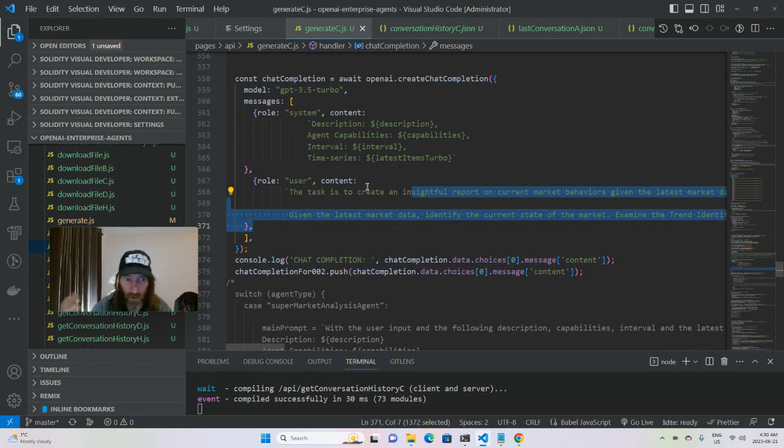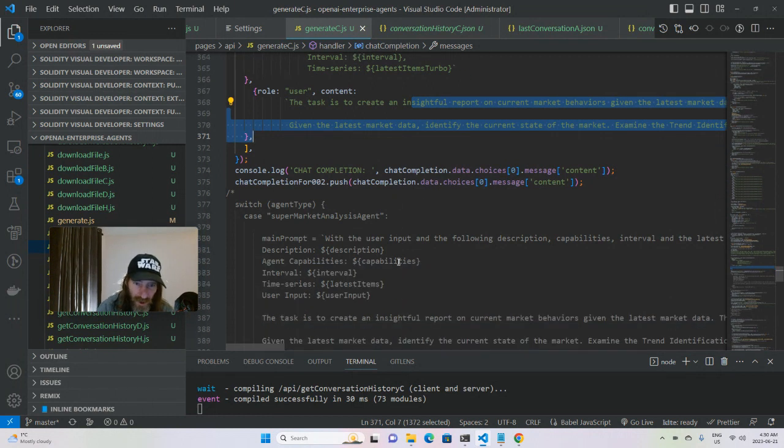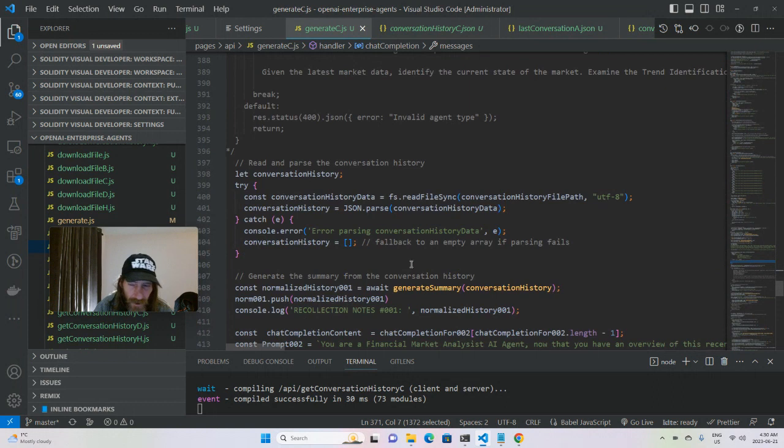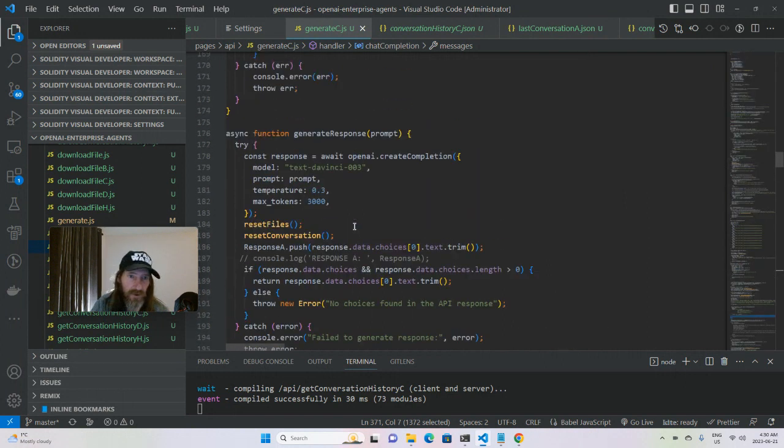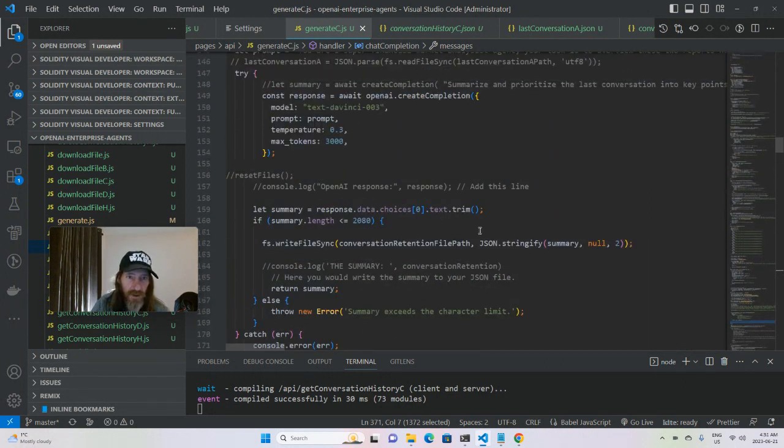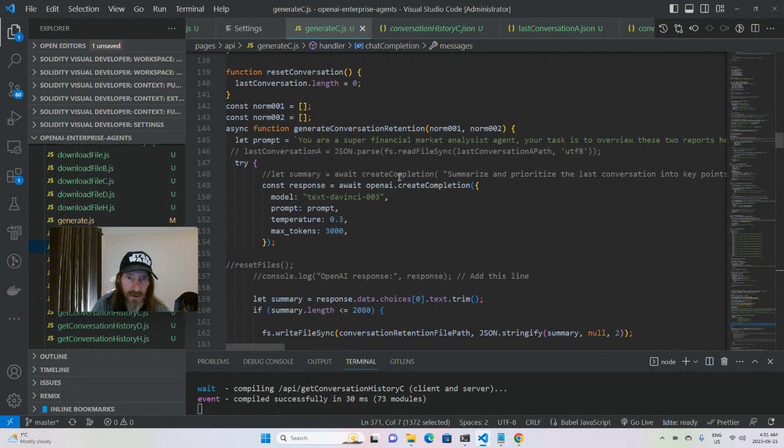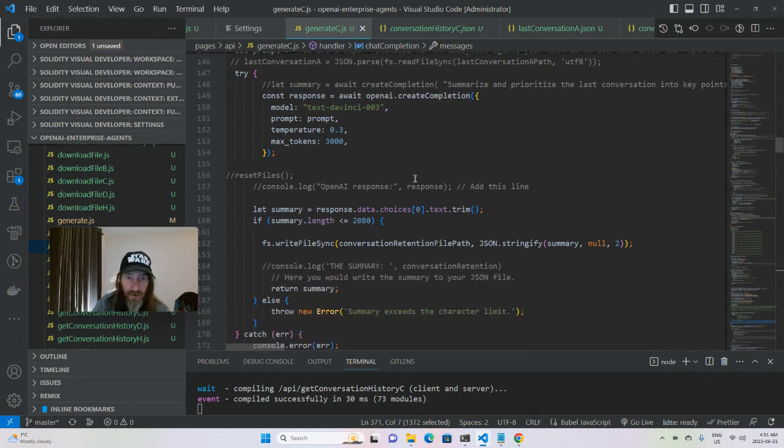But here we're talking about financial data, right? And I'm working on the summary here. Where was I when I first started? I think it's up here. Generate response, my retention.